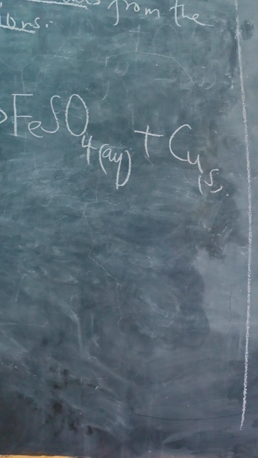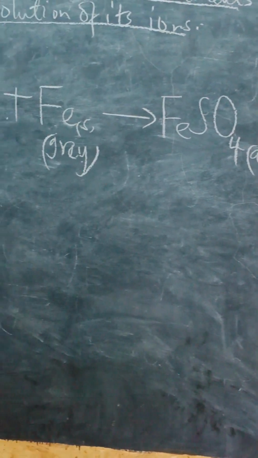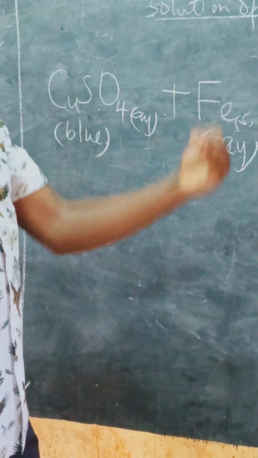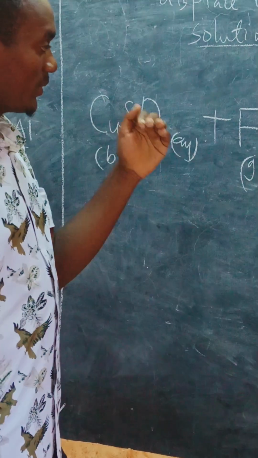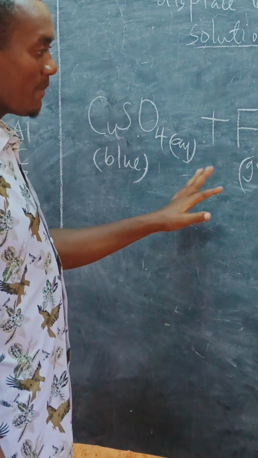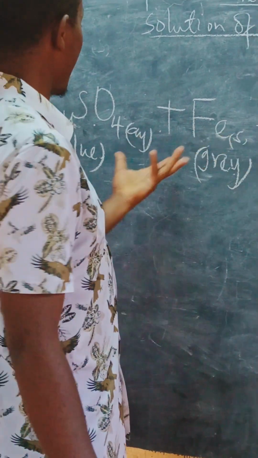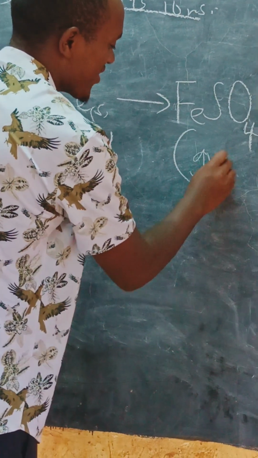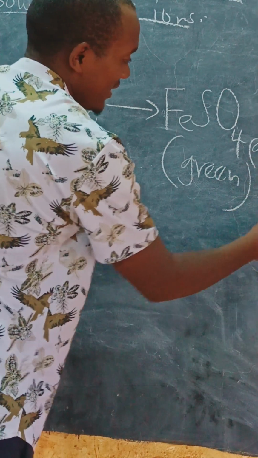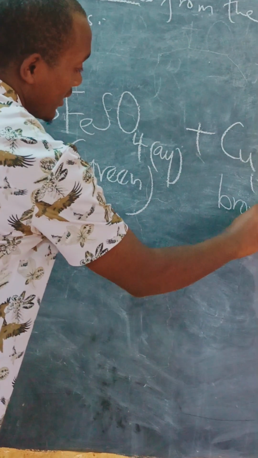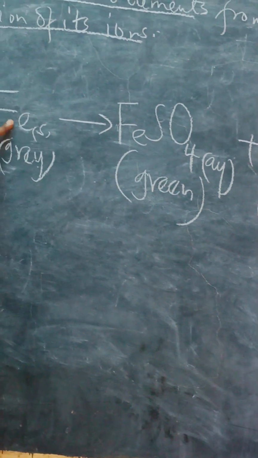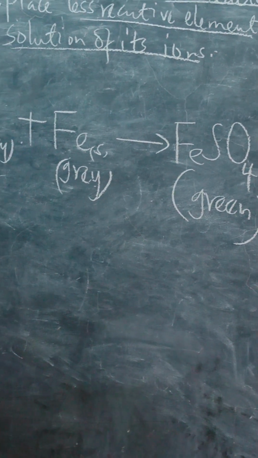So this is a displacement reaction. More reactive elements displace less reactive elements from a solution of its ions. When I balance this equation, all of them are in balance, so the equation is balanced. This solution is green, and the solid that is formed is brown. So iron is more reactive than copper in the reactivity series.